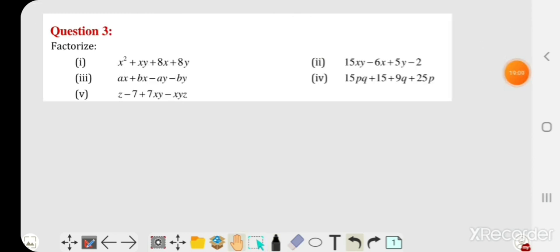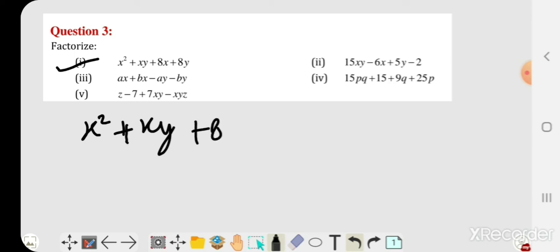Now the last question of this exercise, factorize the given expressions. Here we will use a different kind of method. Let's see what to do. x square plus xy plus 8x plus 8y. Okay, so see here, what can we take common?